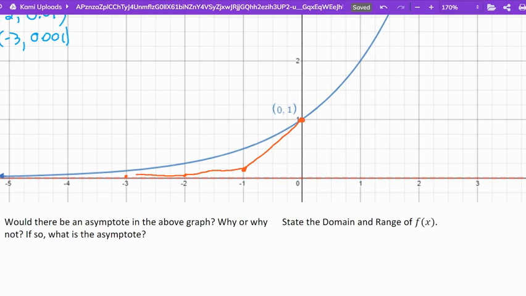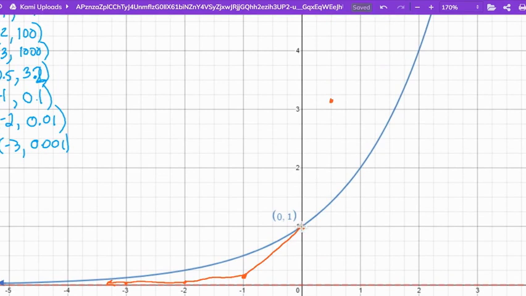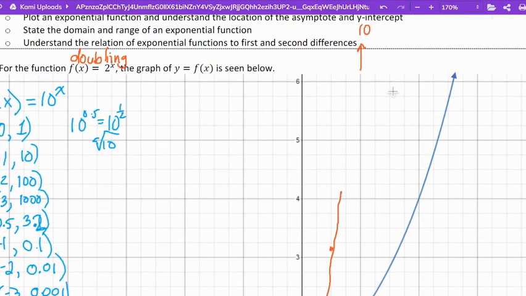And what we see is that 10 to the power of x approaches the asymptote faster than 2 to the power of x. Right? So let's trace our 10 to the power of x. And remember, when x is 1, y is 10. So we can only sort of draw an arrow.